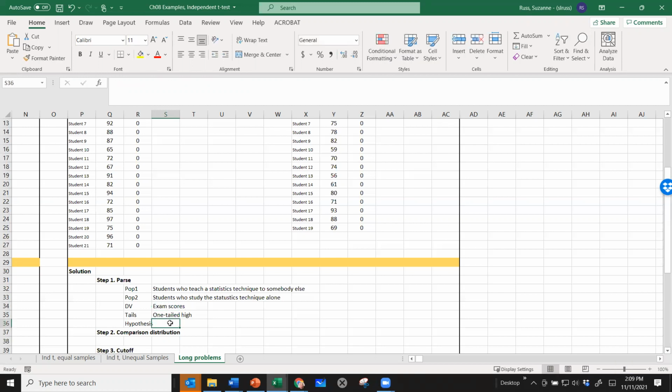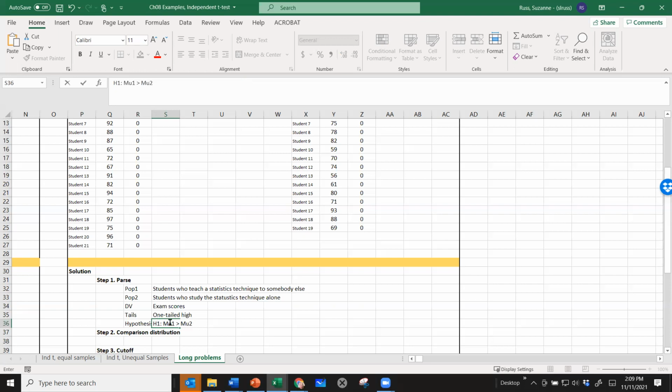And the hypotheses we're going to write in short form now. The research hypothesis, or H1, is that the mean exam scores for population 1, which we're going to write as mu1, will be higher, so we'll use the greater than sign, than the mean exam scores for population 2.